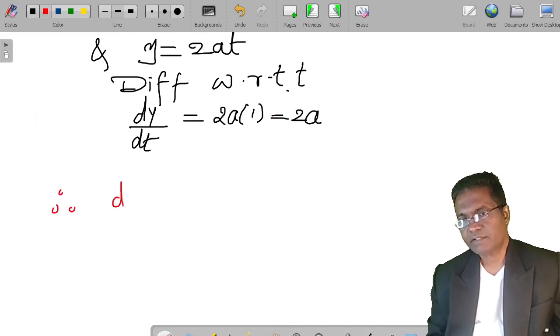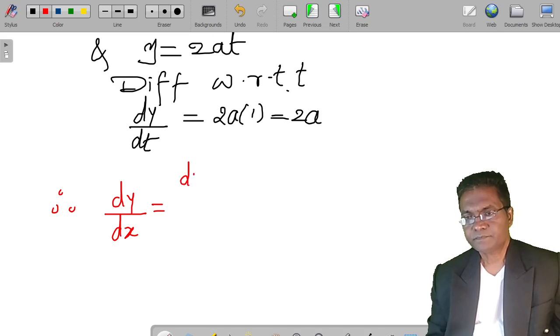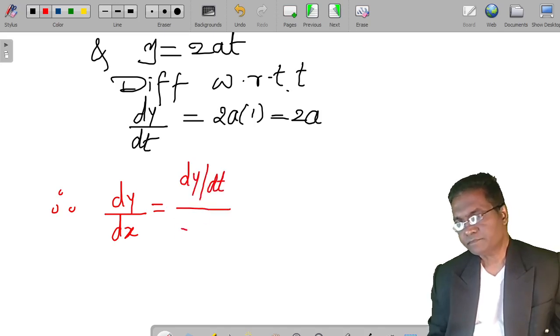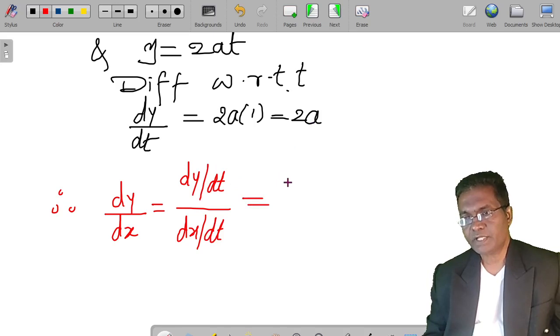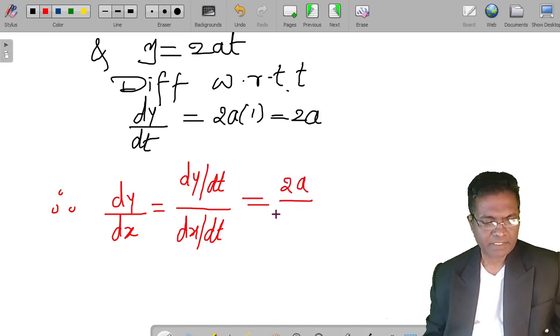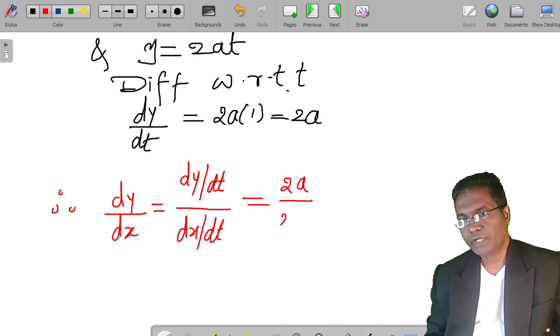Okay. So now you can calculate this. dy by dx we want. So which is dy by dt by dx by dt, and dy by dt is 2a here, and dx by dt is 2at.